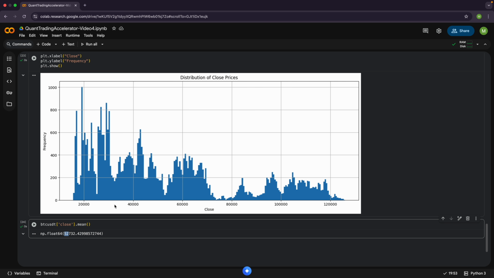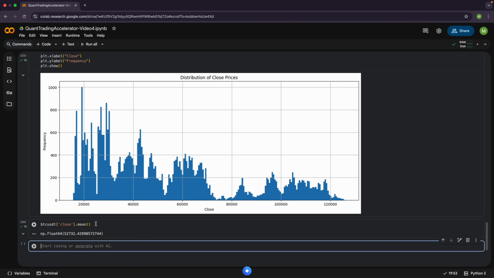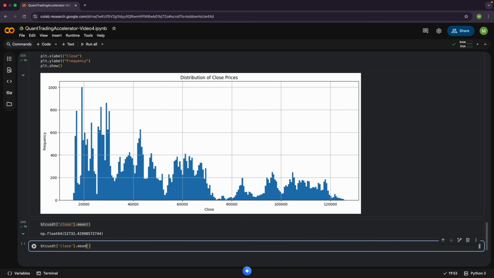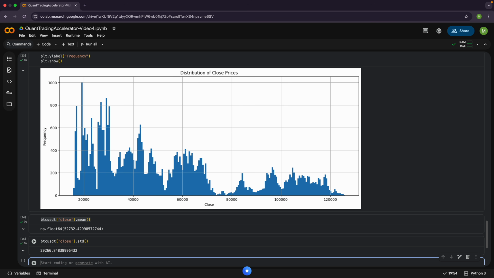Also, let's have a look at the dispersion, and it's probably going to be huge. So this is what we're going to do now. Okay, so there's a standard deviation of over $29,000, which is huge, right?